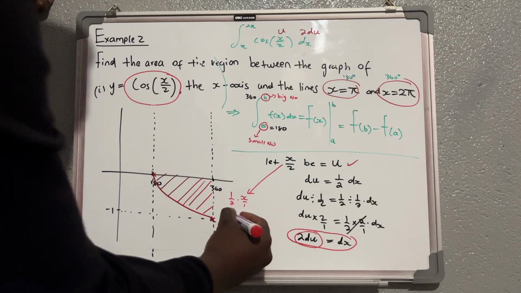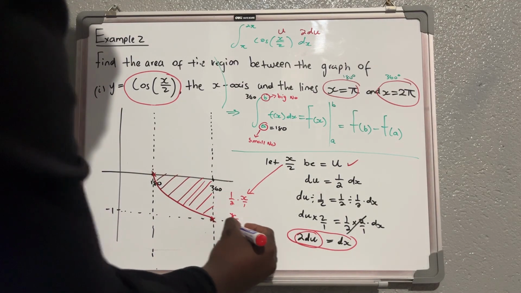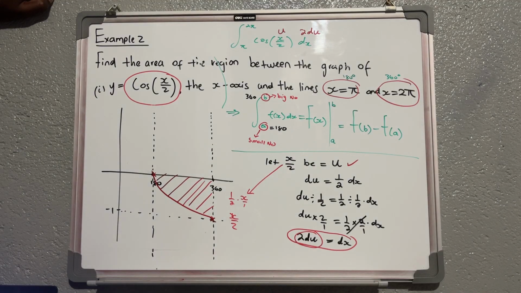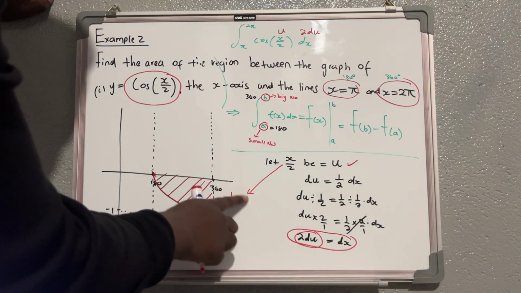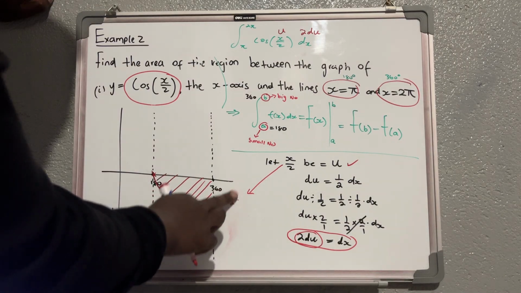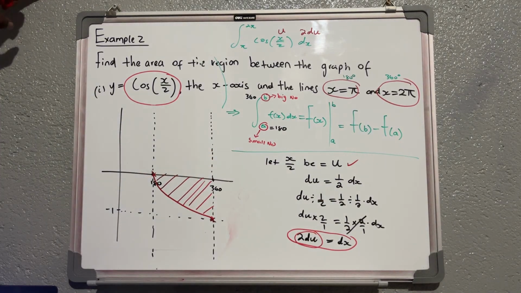Then if this is the same as having 1 over, this is the same as having your x over 2. So if we differentiate this part, we're going to be left with 1 over 2. Hence, I've written this 1 over 2 that you're seeing here.